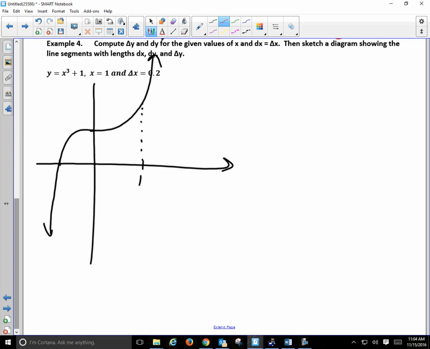I have an x value of 1, but how far am I moving in that direction? 0.2. So from 1, I'm going to move over 0.2. So I'm not focused on 1 anymore. I want to focus on 1.2, okay?